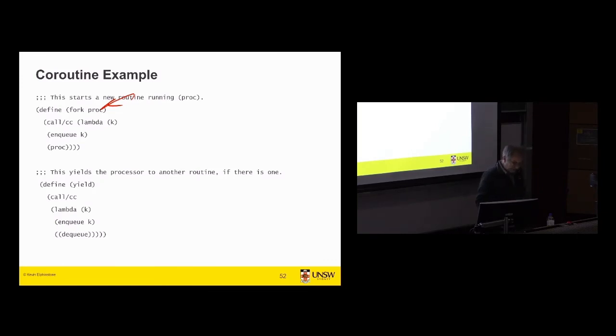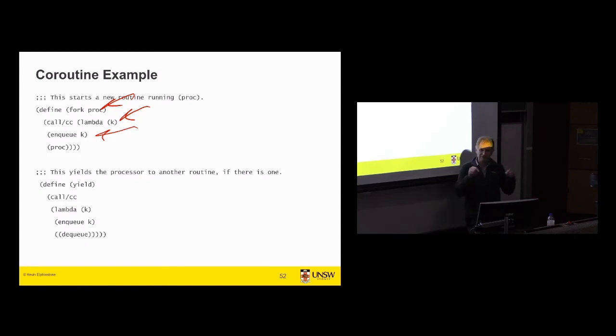So what we're going to do is we're going to call current continuation, because that's going to save the point that we're at in the current execution. Okay, so that's effectively saving our state. And then we're going to use a lambda function again, where k is effectively that continuation of where we currently are. We're going to enqueue that into a list.